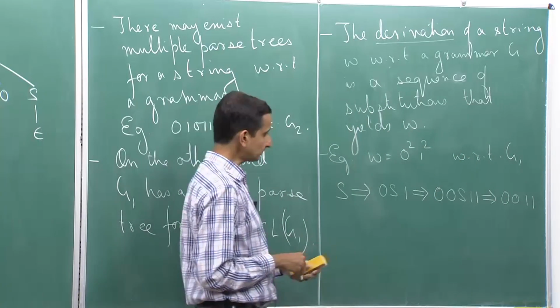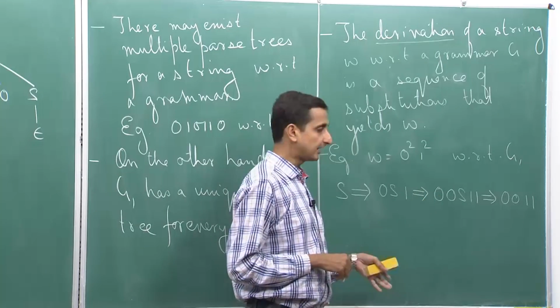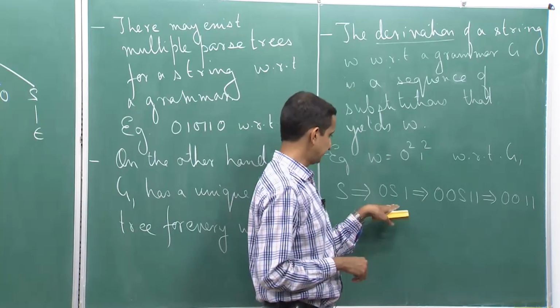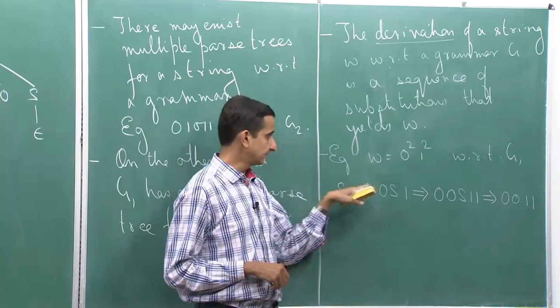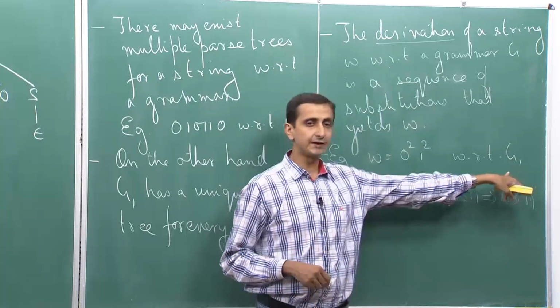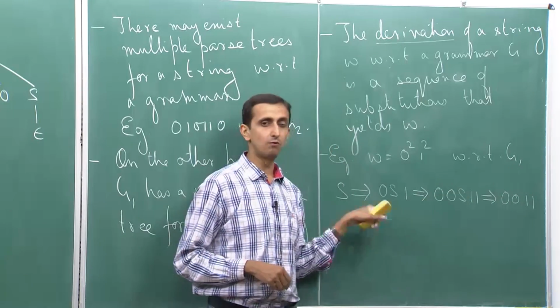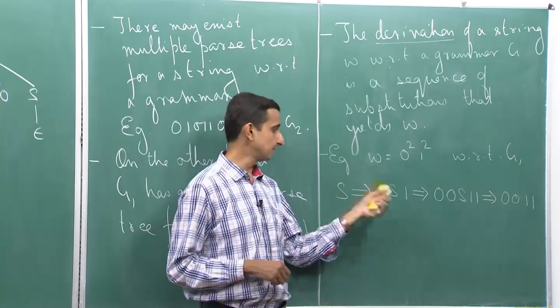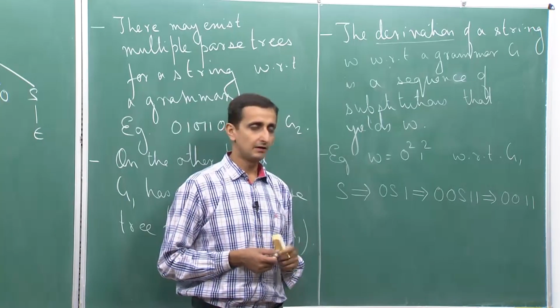So this is a derivation, and you can easily see that the string w with respect to the grammar G1 has only one derivation. You cannot have multiple derivations.